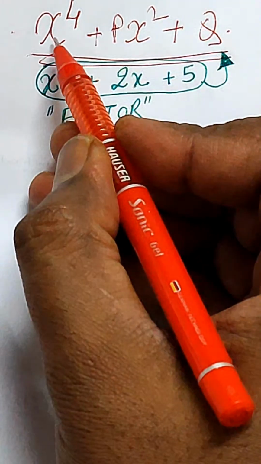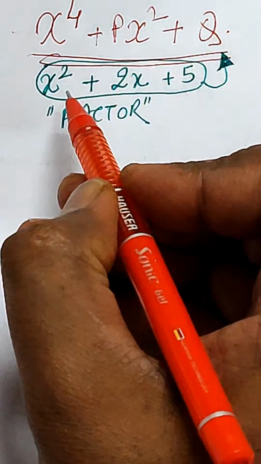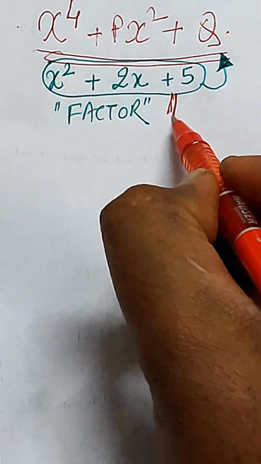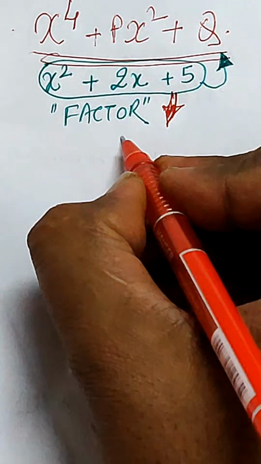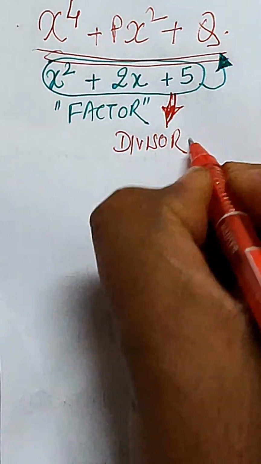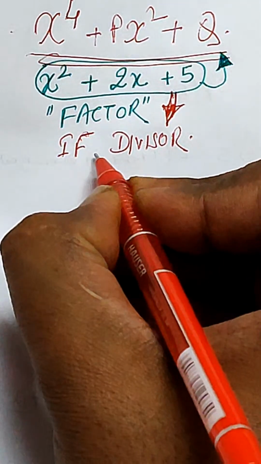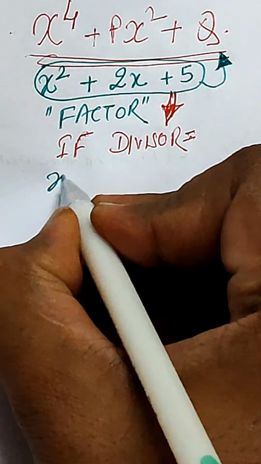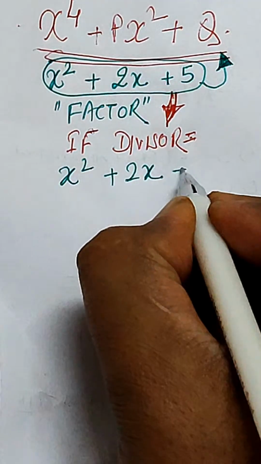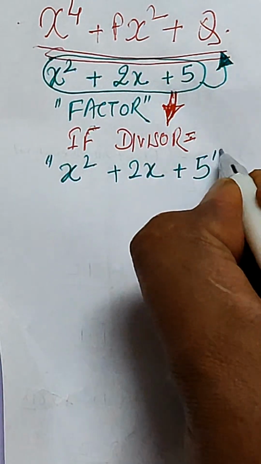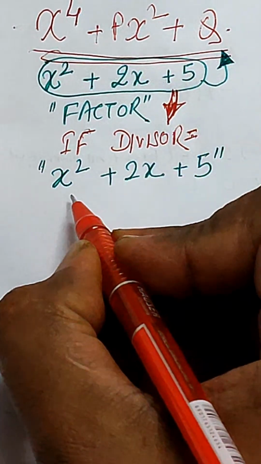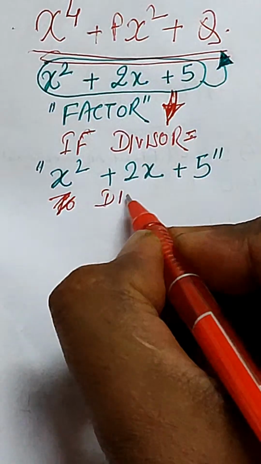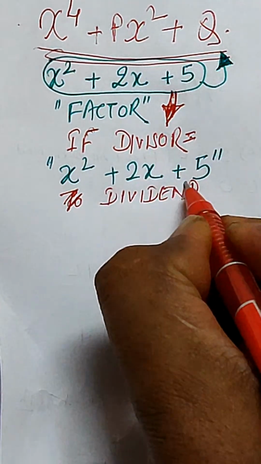That means when we divide the polynomial x4 plus px square plus q with x square plus 2x plus 5, the divisor is x square plus 2x plus 5, and we divide the dividend.